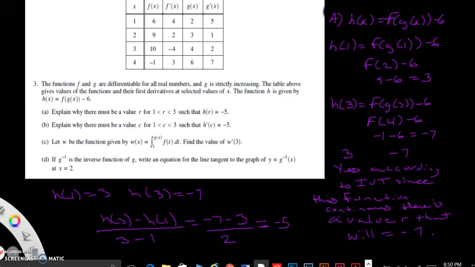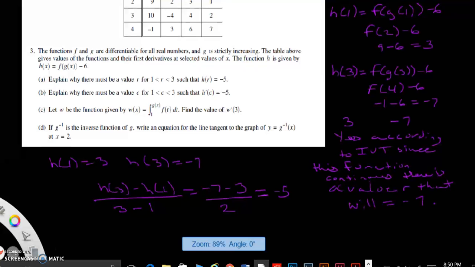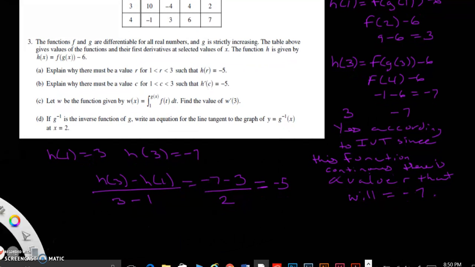So yes, this is true because it is continuous and it is differentiable.